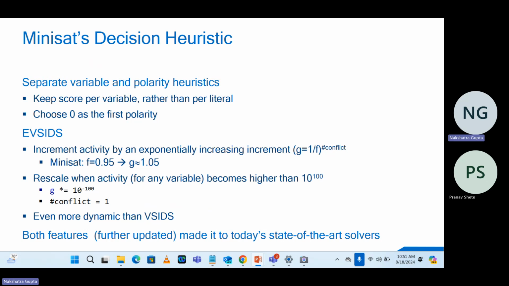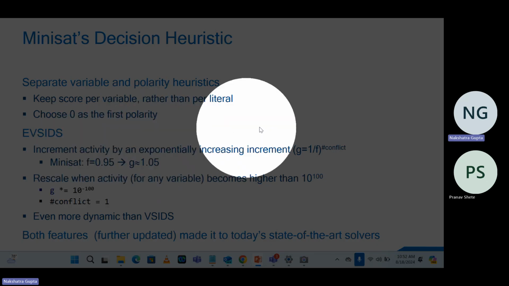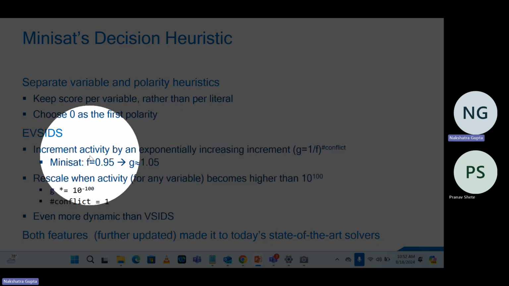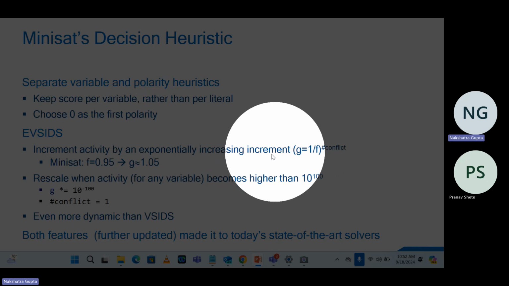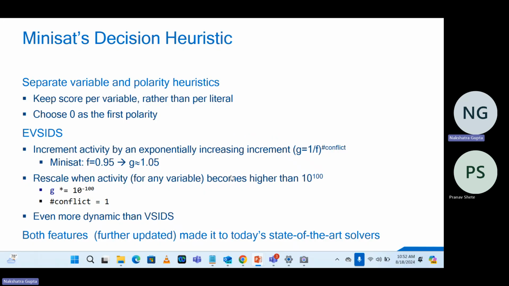Then you can separate variables in heuristic and polarity selection, and it's actually very handy because then you can develop something called polarity selection for the following. And it also moved like maybe a bit more dynamic. There is an exponential factor now when you increase the scores, and you increase the scores after every conflict by this exponential factor, and then you need to rescale at some point.